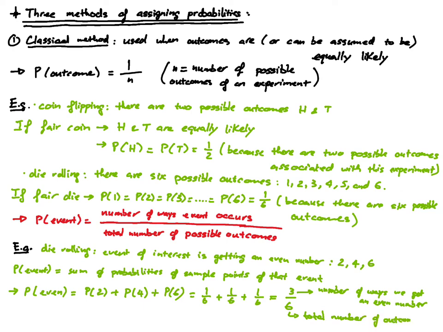And so instead of adding the probabilities of the individual sample points, all you have to do is just to take the number of ways the event occurs and divide it by the total number of possible outcomes.